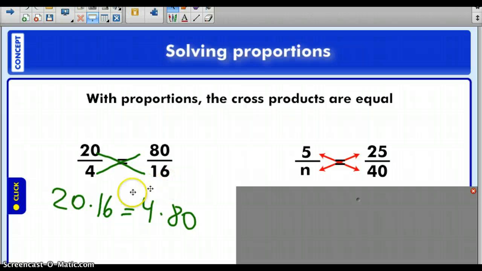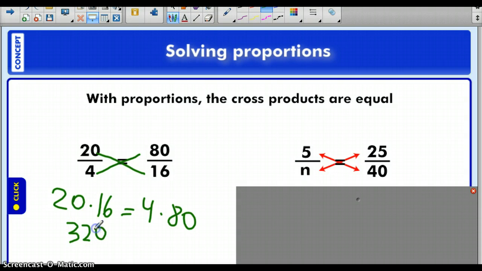So if we take 20 times 16 on this side and 4 times 80 on this side, they should be equal to each other. 20 times 16 is 320, and 4 times 80 is also 320. They do equal each other, so this one again is proportional. We just proved what we found out in the previous example as well.